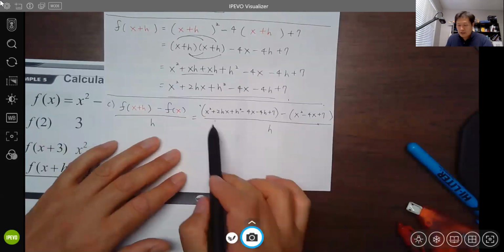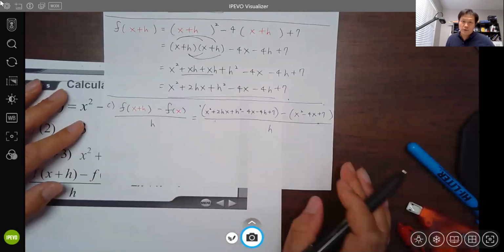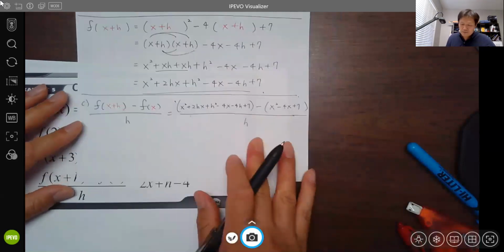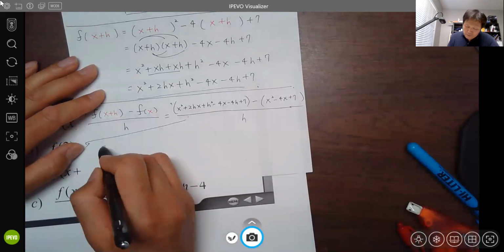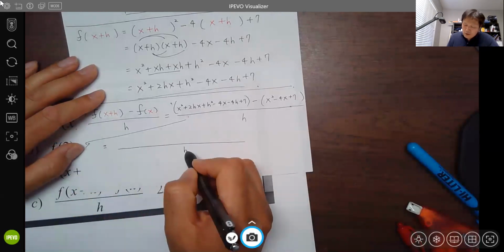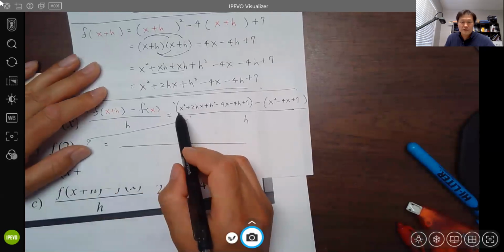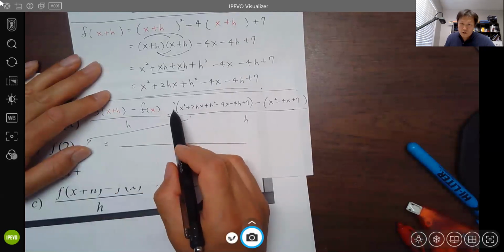This setting is very important. If you can set this up, then most likely you can pull this out. This first parenthesis has nothing in front of it, meaning there's a 1.